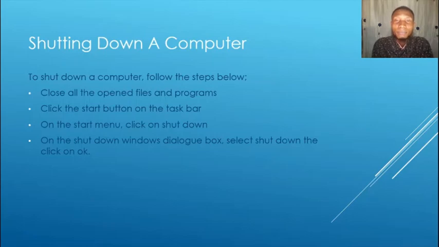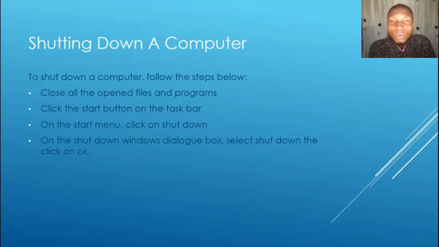And in shutting down the computer, there's a shortcut for it. After closing all of the open files and all of the programs you have running on the computer, the next thing you're going to do is to hold down the Alt key and the F4 key. You hold them simultaneously, you hold them together.